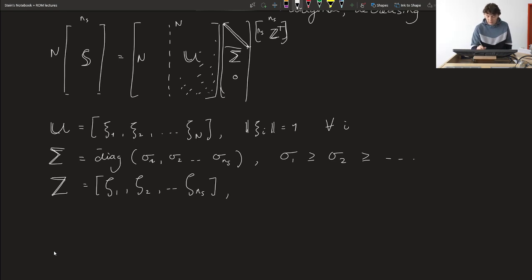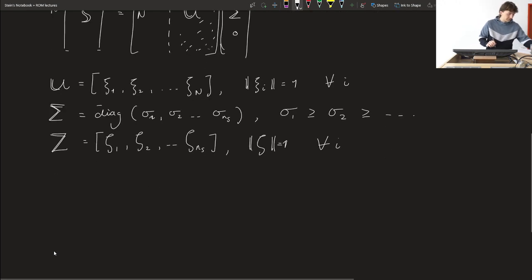And these are also orthonormal, meaning that each one of these has a unit length.